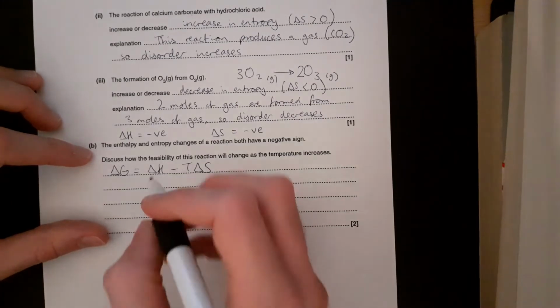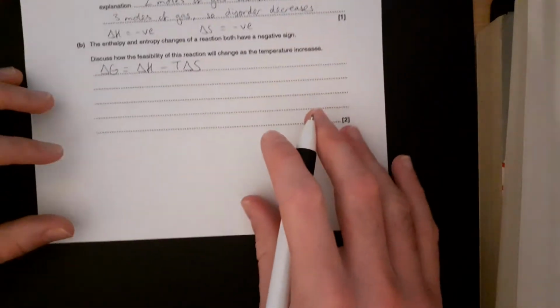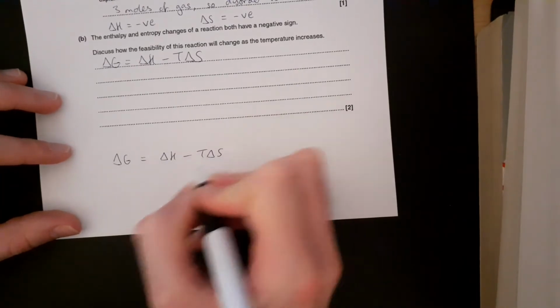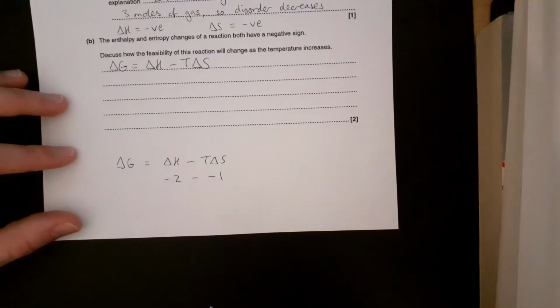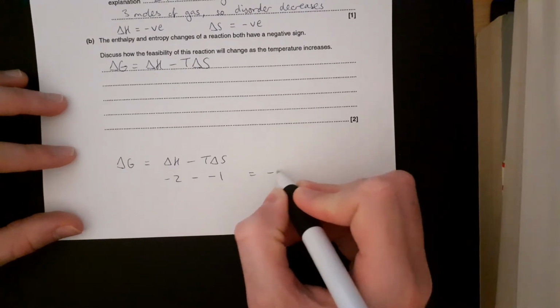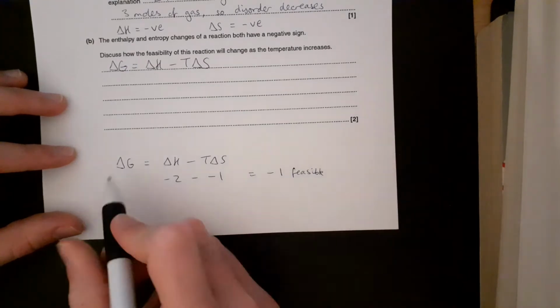Let's just put some numbers in. Let's just scribble something down here for you. So we're going to be doing something like -2 take away -1, let's say. So if we do something like that, then we're doing -2 plus 1. So it's going to be -1. So that would be feasible because delta G would be less than 0.